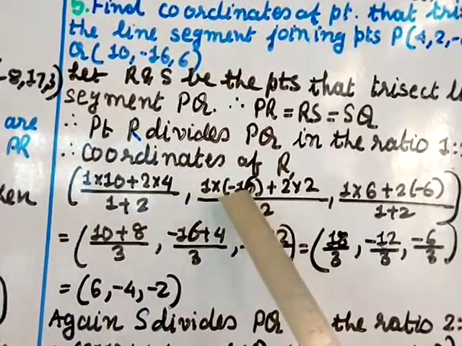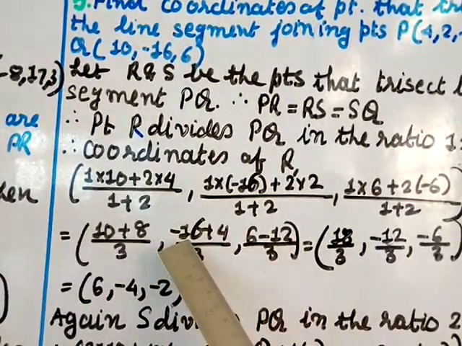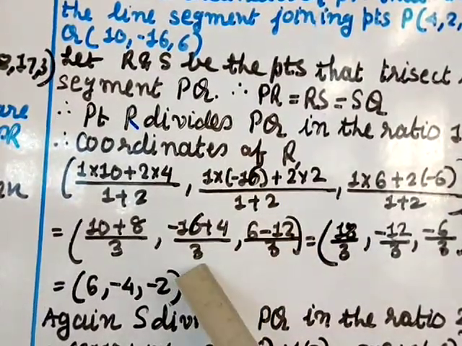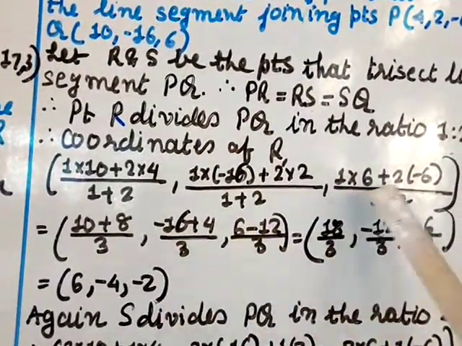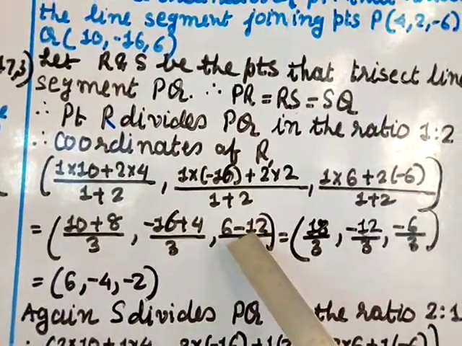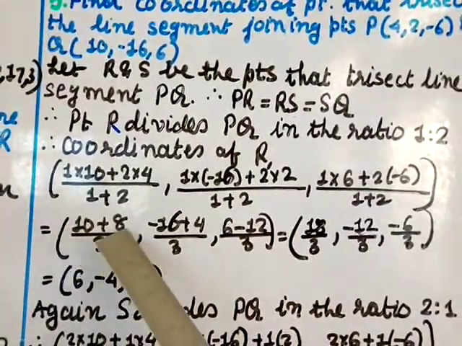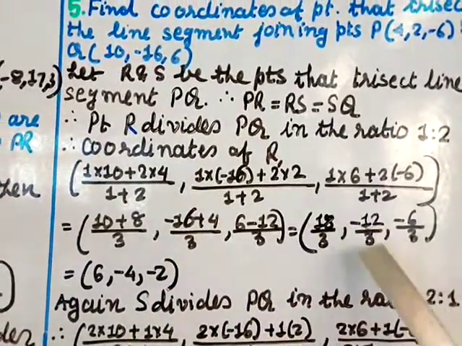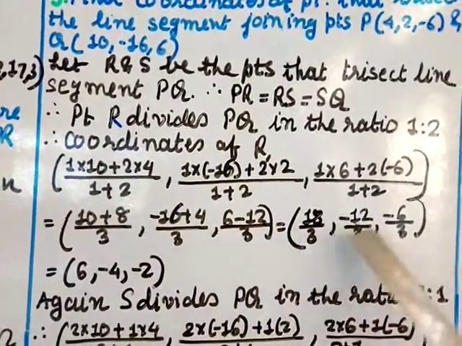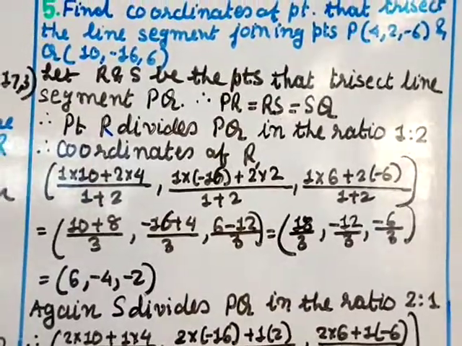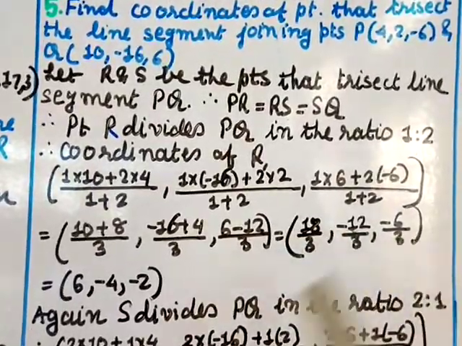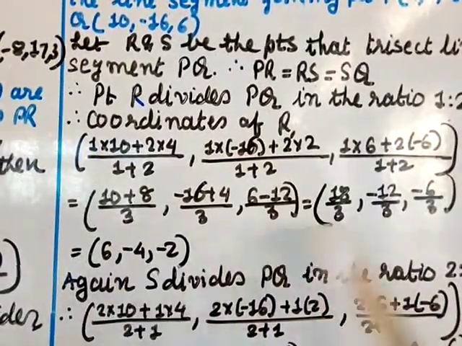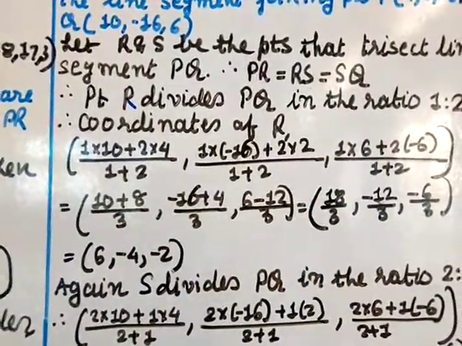Then here -16 into 1 is -16, plus 2 into 2 is 4, divided by 3. 1 into 6 is 6, 2 into -6 is -12, divided by 3. 10 plus 8 is 18 by 3, -16 plus 4 is -12 by 3, 6 minus 12 is -6 by 3. All the numbers can be cut by 3, so you get 6, -4, and -2.